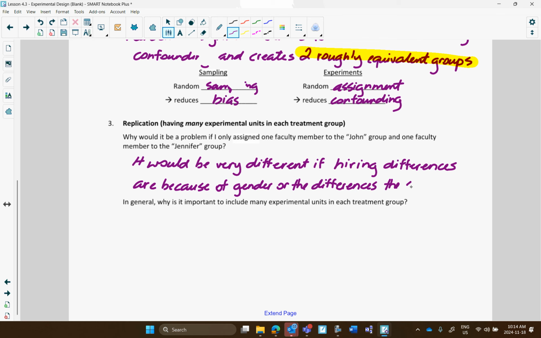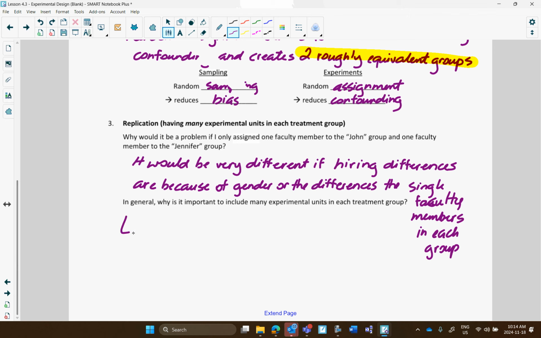Or sorry, the single faculty members. Single faculty members. And I mean, there could be such a variation between them. But you're not going to get very reliable results. Okay?